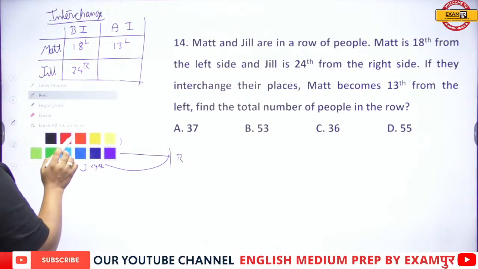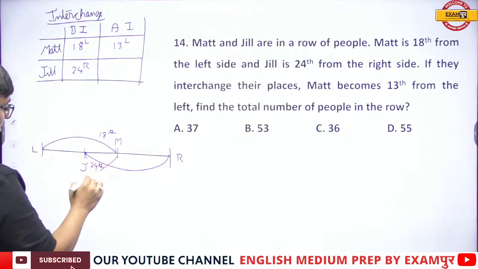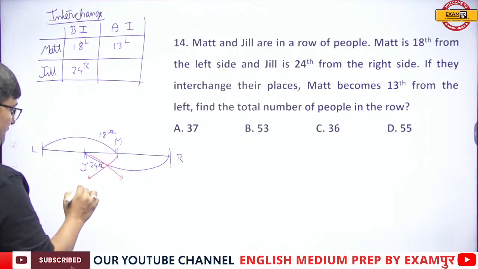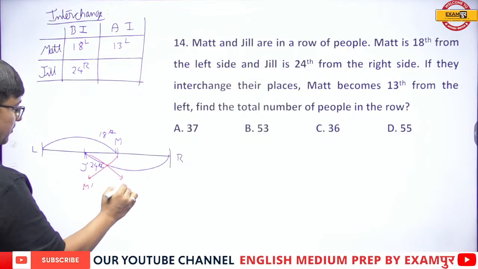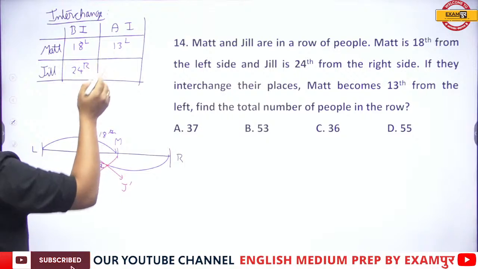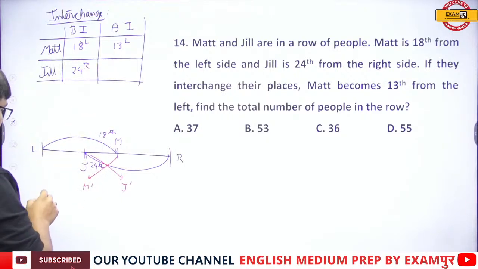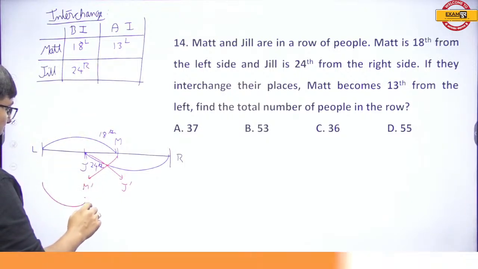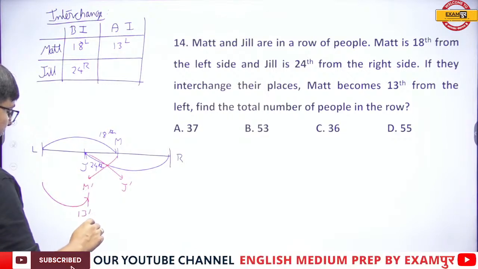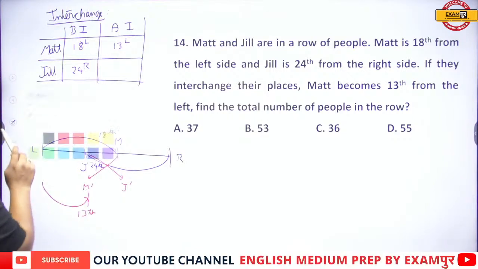And now, my dear students, after interchange, what will happen? Matt will be coming over here and Jill will be coming over here. After interchange, Matt becomes 13th from the left.